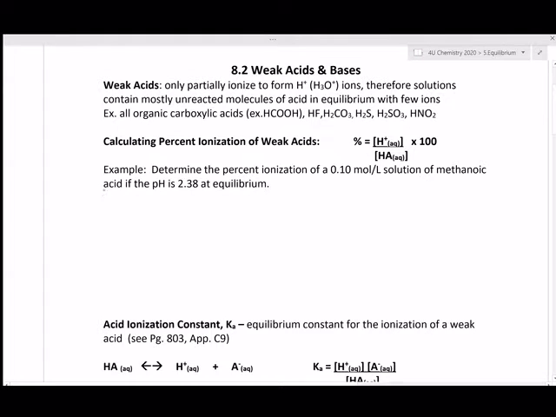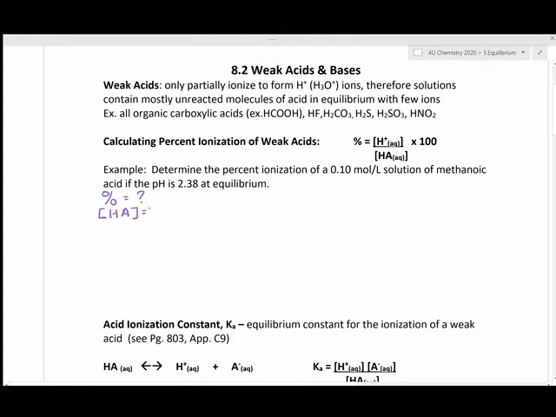So always a good idea to just write down, before you start, what is it you're trying to get. We're trying to get the percent, and we'll use this formula up here. We are given the concentration of the original acid, and acids we often just write HA because there's always going to be a hydrogen.